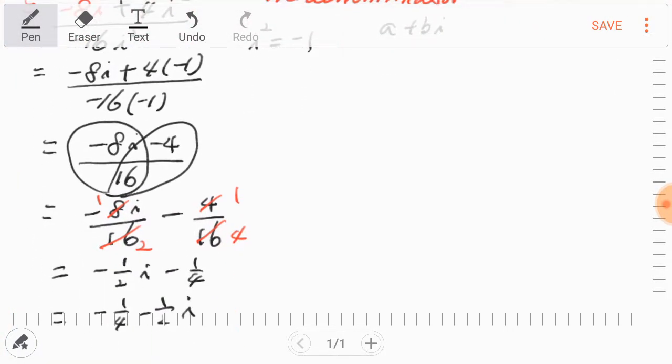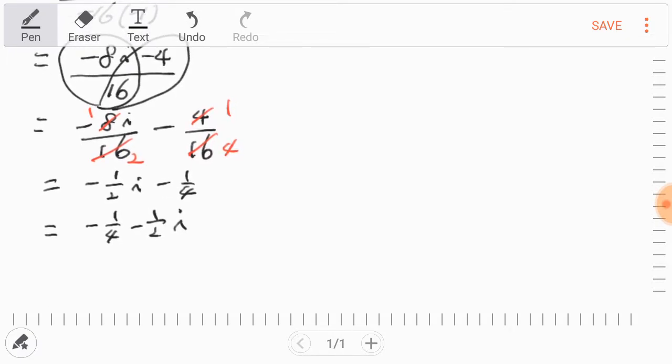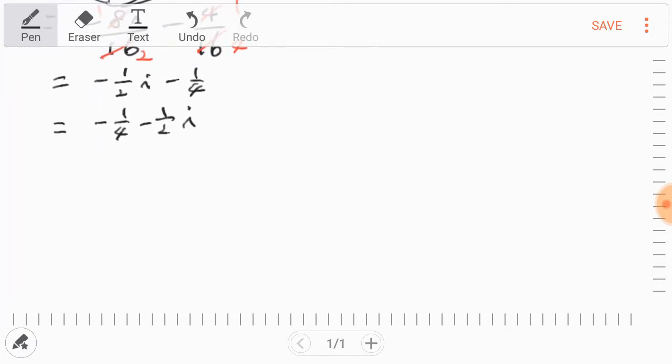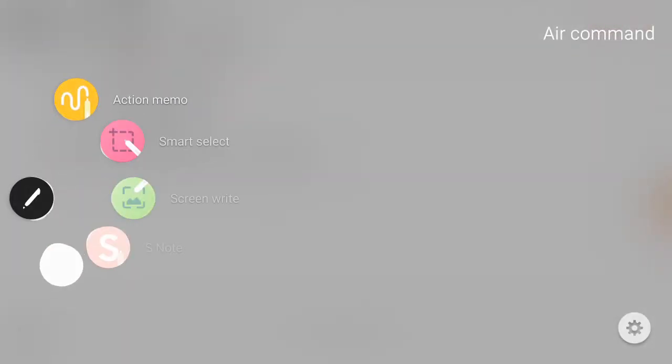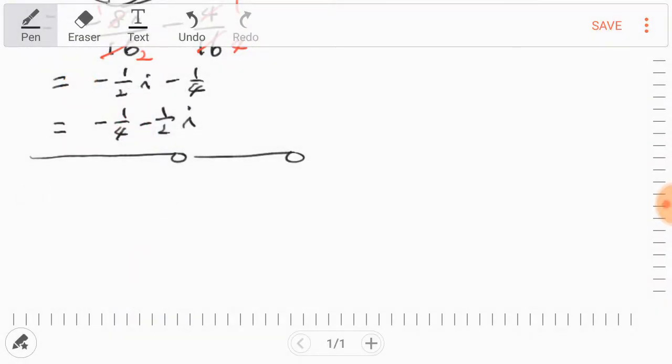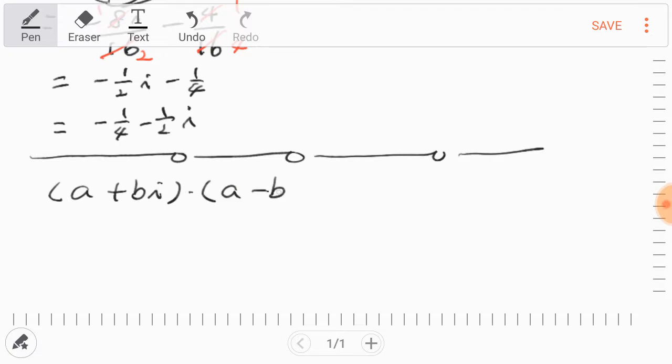Okay, let's try one important piece of information. Let's multiply two binomials like this: a plus bi multiplied by the complex conjugate a minus bi.